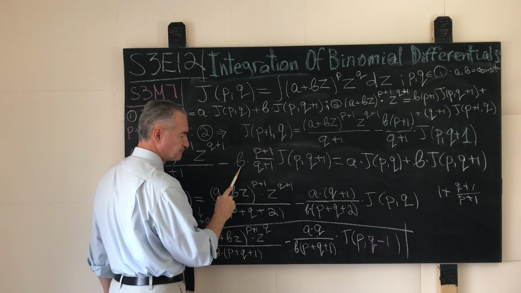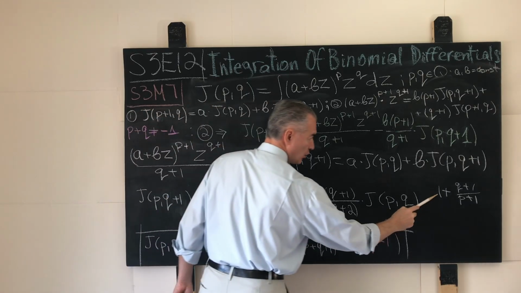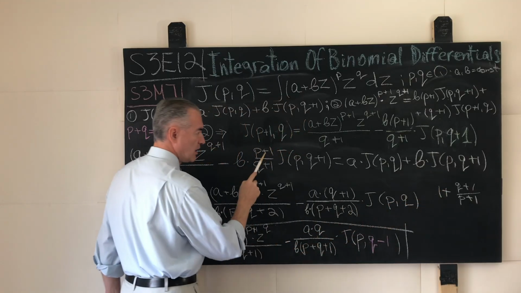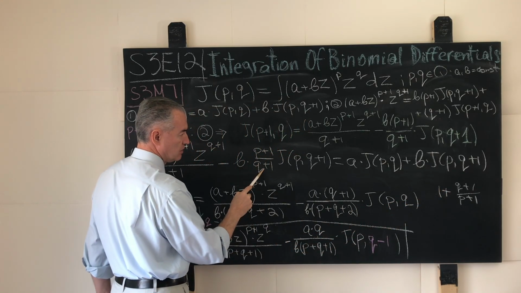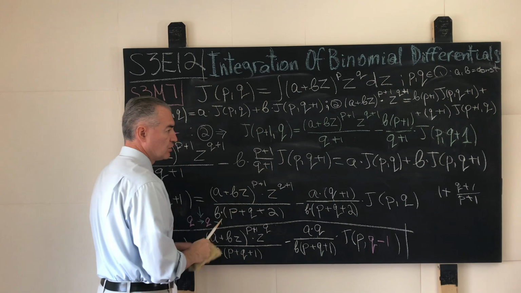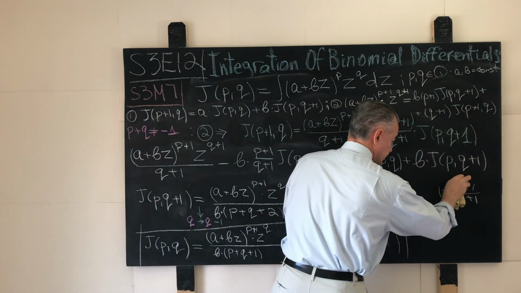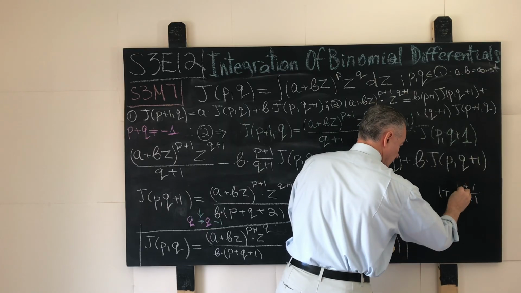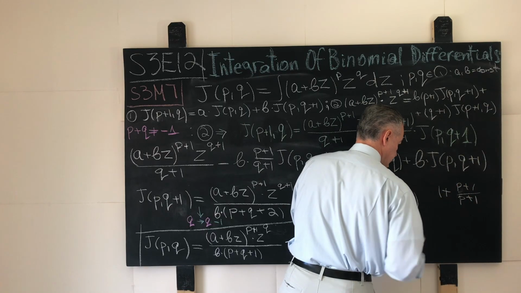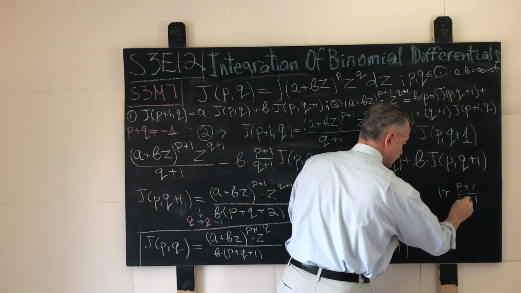We'll have b plus, again, 1 plus what? P plus 1 over q plus 1. Here I have to change the symbols. Here we change the symbols. P, this is p, this is q.